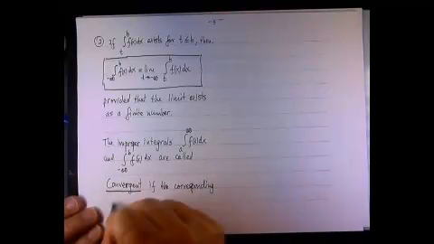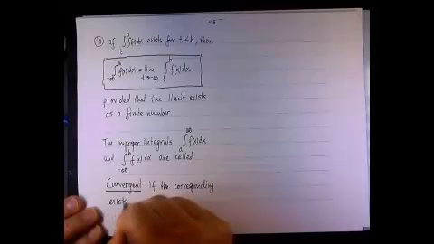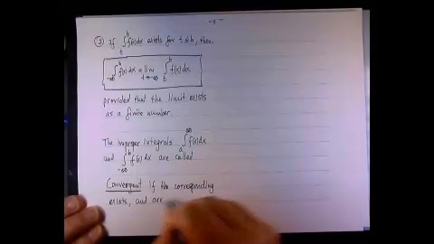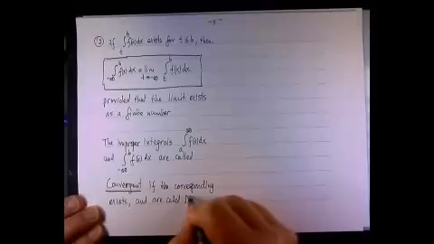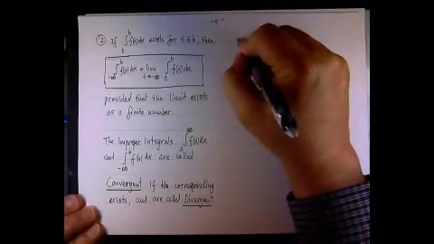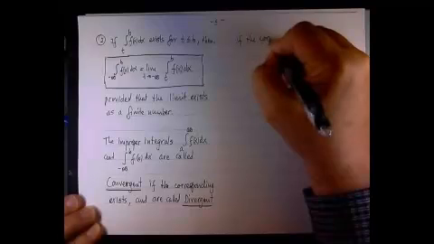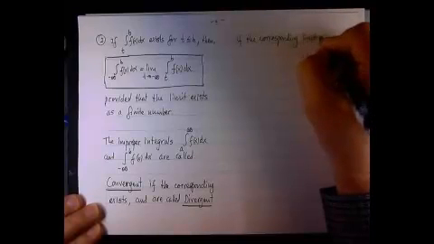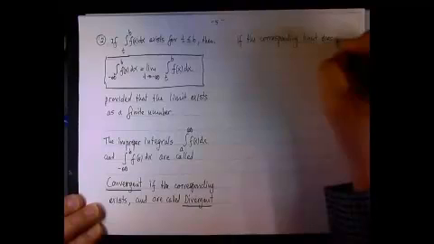Important word; we're going to run across this word quite a bit. And they are called divergent if the corresponding limit does not exist.